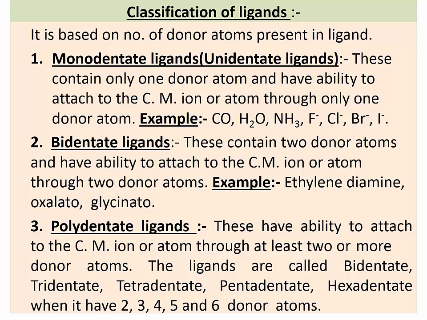Let us see today the classification of ligands. This classification is based on the number of donor atoms present in that ligand. First type, monodentate ligands, also called unidentate ligands. The name indicates that this ligand contains only one donor atom through which it attaches to the central metal atom or ion.